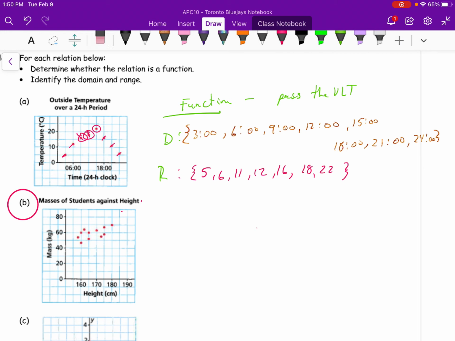I'm just going to draw this vertical line right here. Vertical line right there. Oh wait a second, also right here. So we have another point. I'm just going to write not a function for B, because it fails the VLT. It fails the vertical line test.